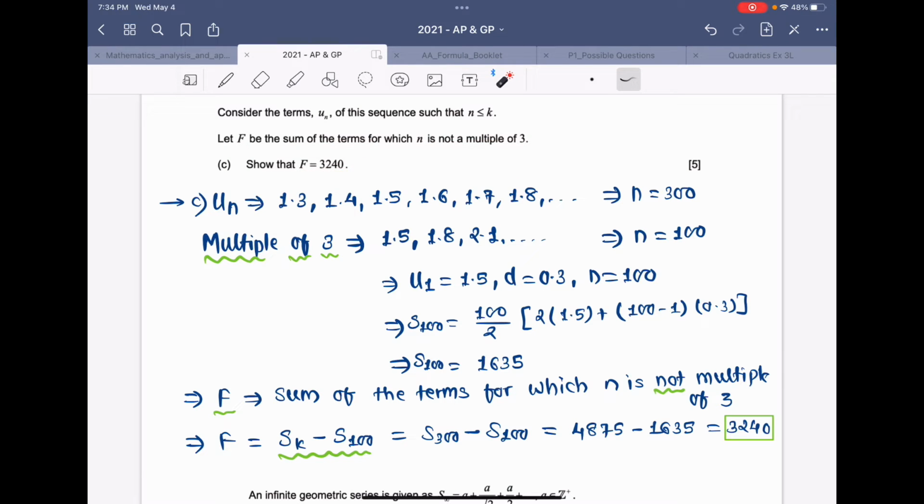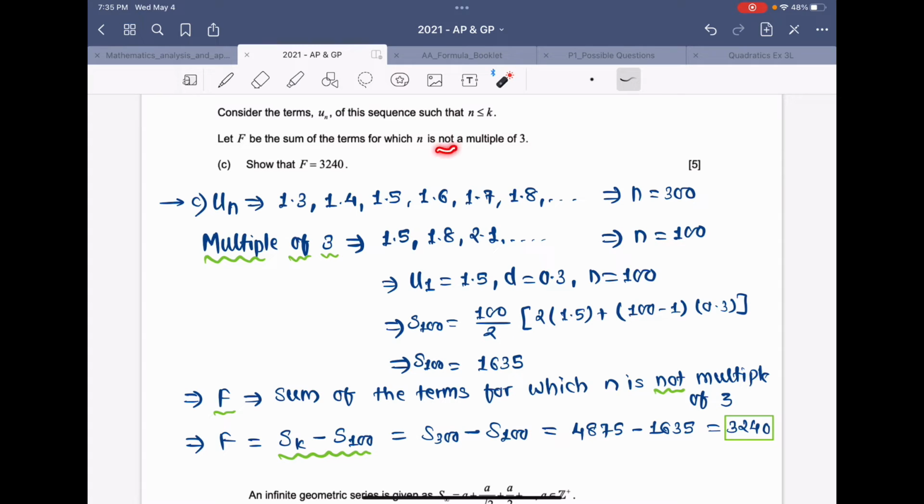We will write down the actual sequence. Un is basically 1.3, 1.4, 1.5, 1.6, 1.7, 1.8, dot dot dot. Purposely I am writing extra terms. We know that the total number of terms is 300, so n is 300. Now out of this, count how many terms are multiples of 3.